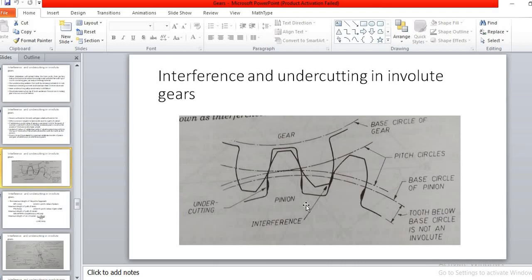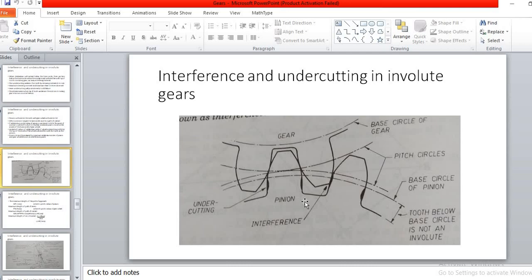That profile below that base circle should not be involute profile, and if such a gear engages with another gear, in such a case the other gear's tooth tip undercuts the gear having dedendum below the base circle.